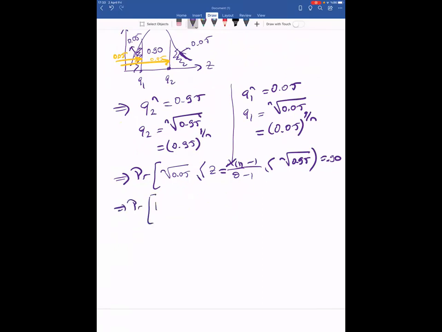So we have 1 plus (x1 − 1)/0.95 to the 1 over n, θ, and 1 plus (x1 − 1)/0.05 to the 1 over n, equals 0.90.